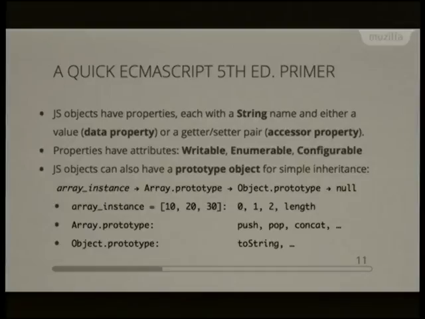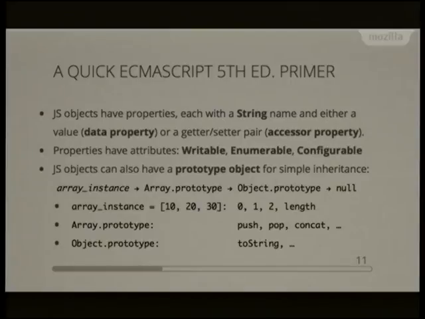The thing common to all of these kinds of objects is that they have a set of properties on them. In the 5th edition of ECMAScript, which is the standardized name for JavaScript, a property has a string name, and it either has a value or it has a pair of functions to get and set the value of the property.